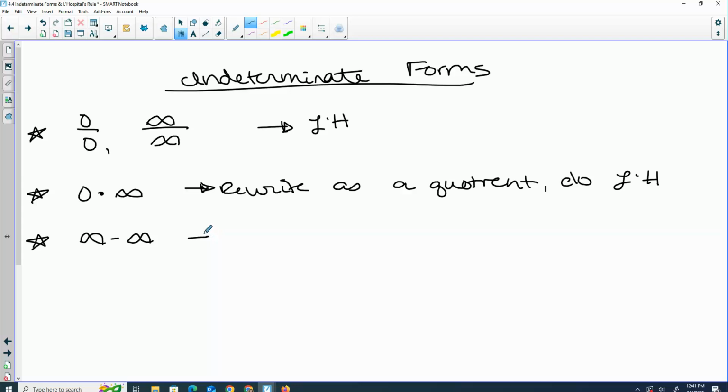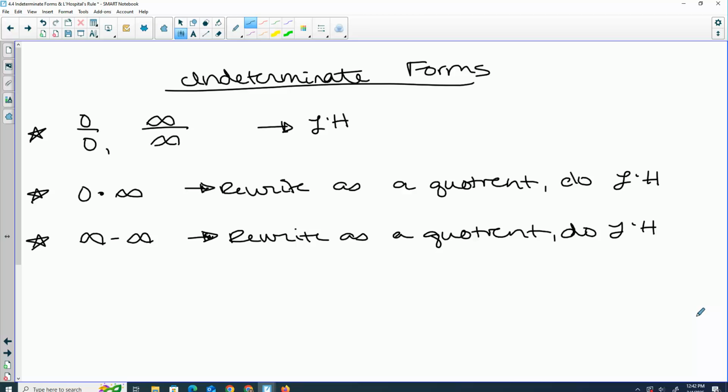So, in this form, we want to, again, rewrite it as a quotient so that we can do L'Hopital's. So really the same strategy as with multiplication. It's just a difference in how we get it into a quotient.